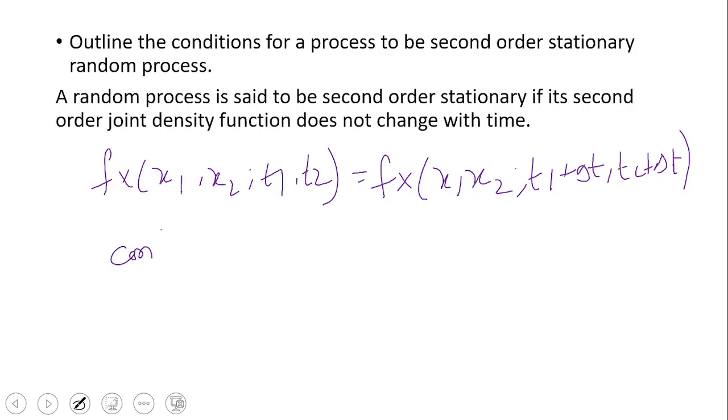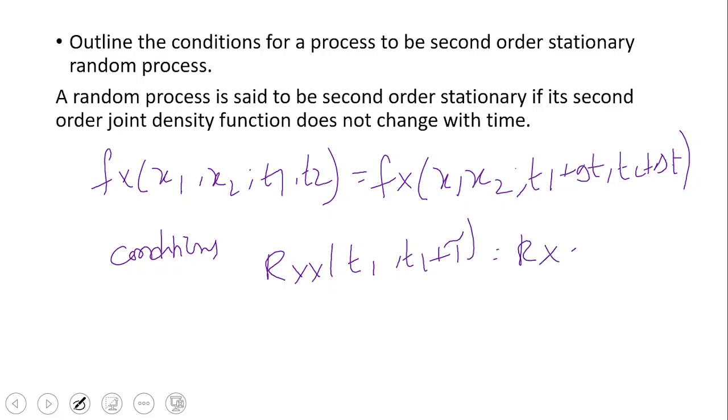The condition is that the autocorrelation function R_XX(t1, t1 plus tau) is equal to R_XX(tau).